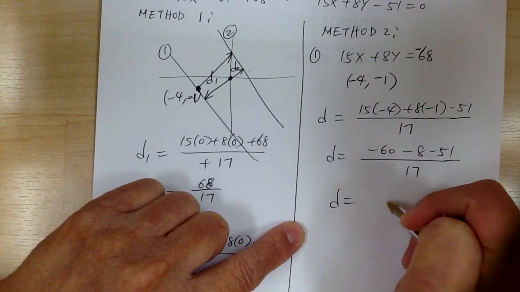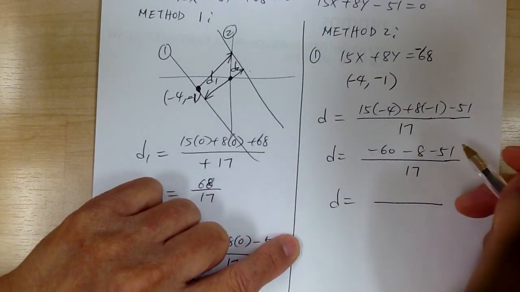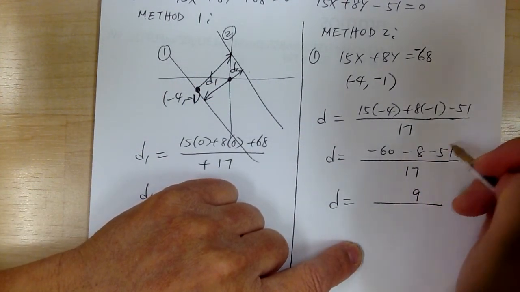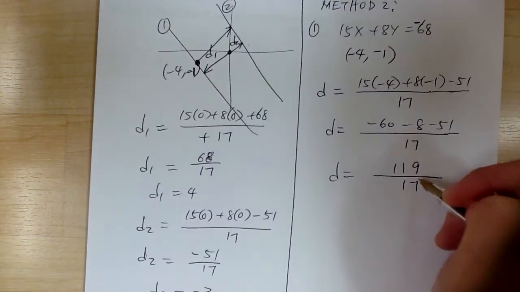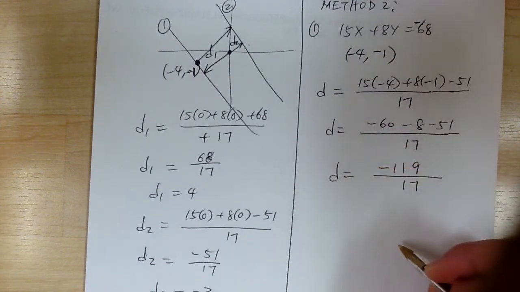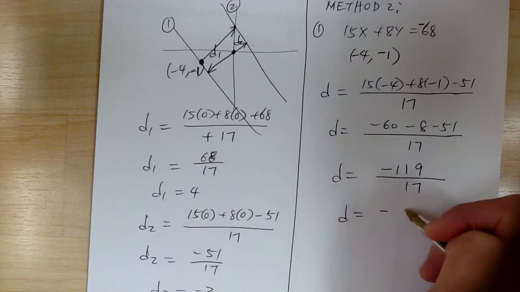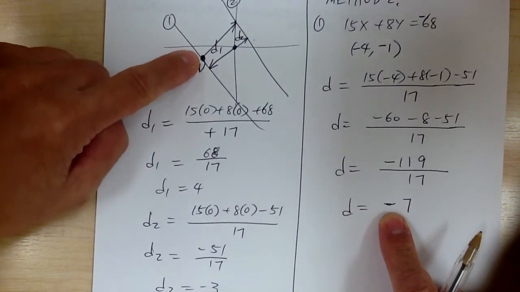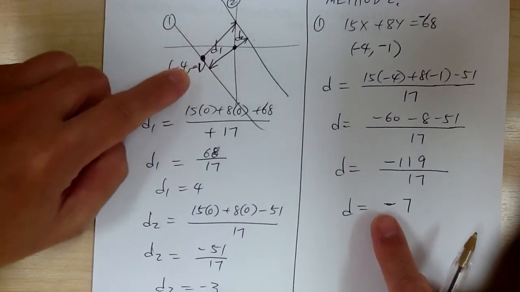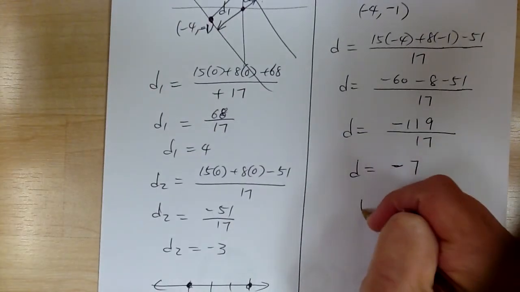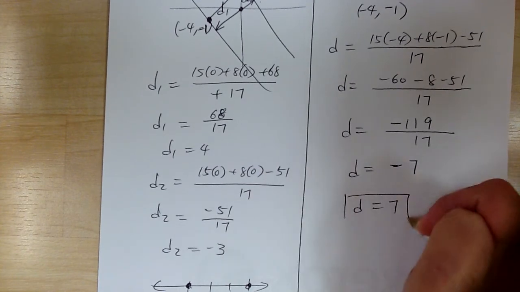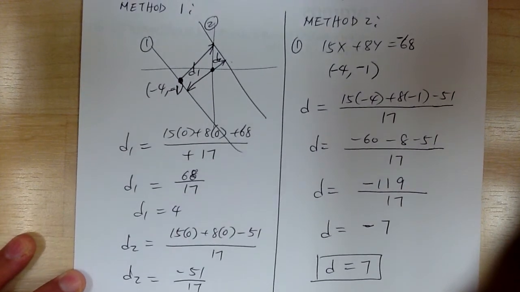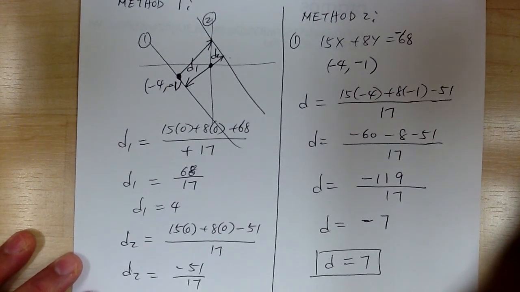Use your calculator and work it out: negative 119 over 17, so d equals negative 7. Remember, negative just shows that the point you chose is below the line, but you're looking for total distance, so the net distance equals 7. You can use either method; they work about the same.